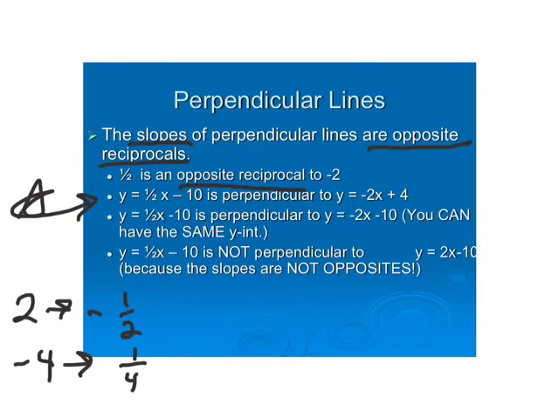Now, the example that I have down here is an important counterexample. y equals 1/2 x minus 10 is not perpendicular to y equals 2x minus 10. And why are these two on this last example not perpendicular? Because the slopes are not opposites. So make sure with perpendicular lines you have down in your notes that the slopes are opposite reciprocals. And opposite reciprocal means change the sign and flip it.